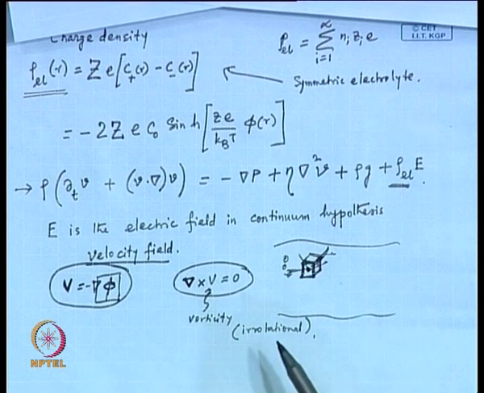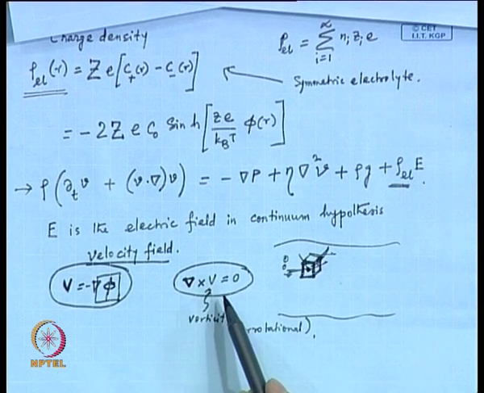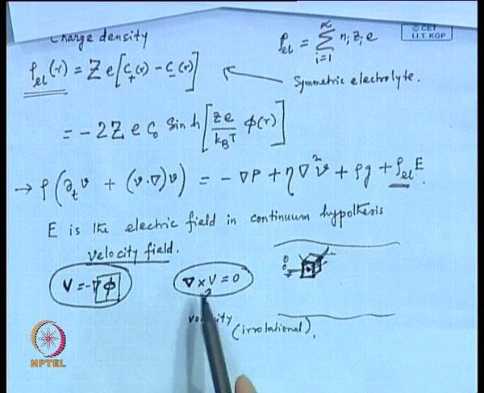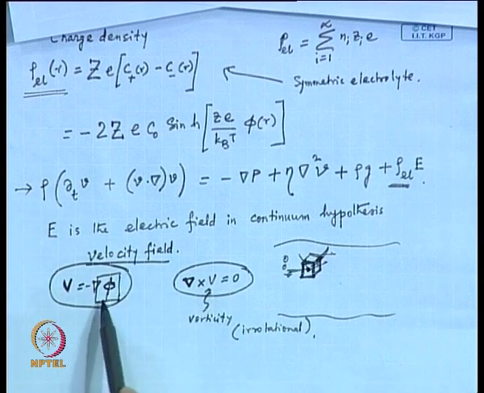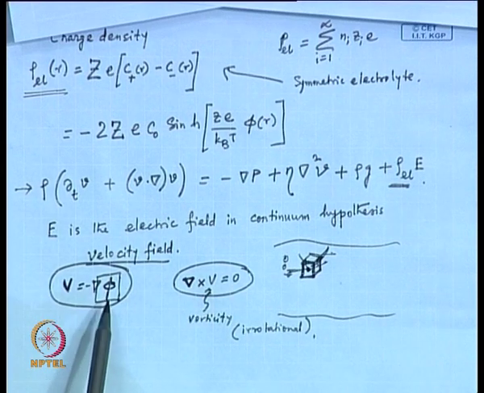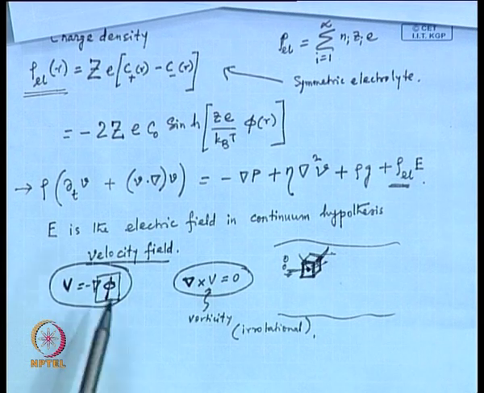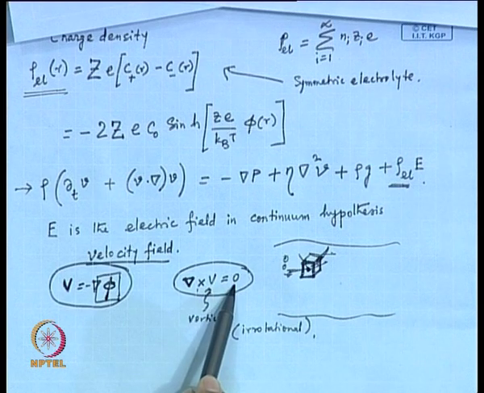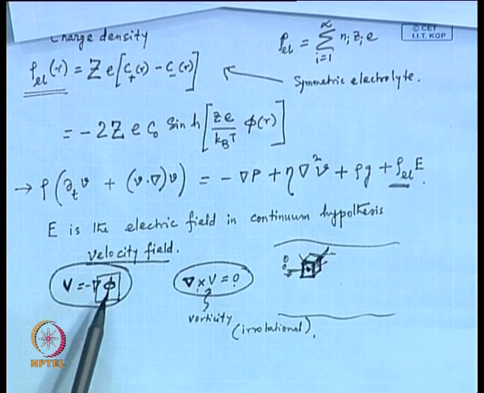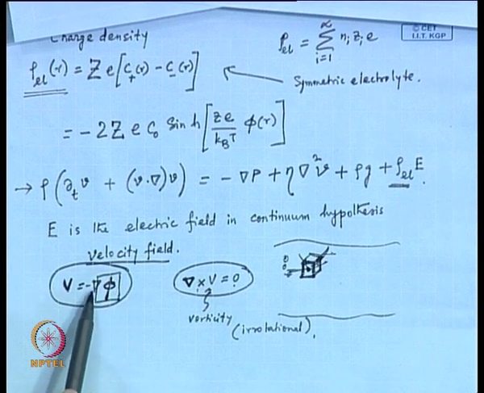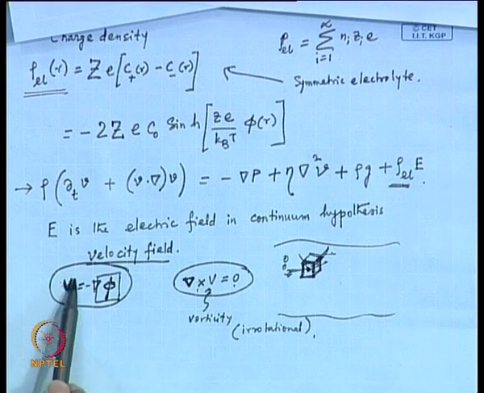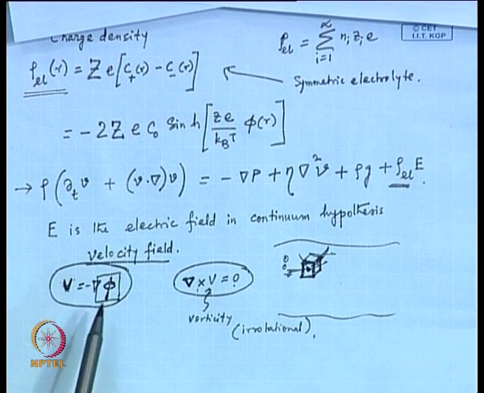One of the primary criteria for a velocity potential to exist is that del cross V, the curl of this velocity field, is equal to 0, because potential flow exists only if the flow is irrotational. That is how the velocity is then defined: velocity is equal to minus del phi.